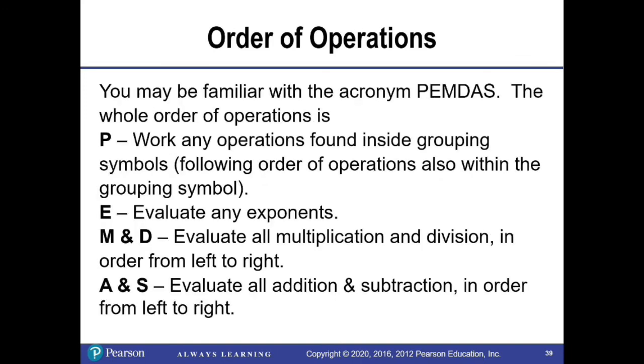You can remember the order of operations if you remember the acronym PEMDAS. P stands for parentheses or any grouping symbols. E represents our exponents. M and D is our multiplication and division, again in order from left to right. And A and S is the addition and subtraction in order from left to right.